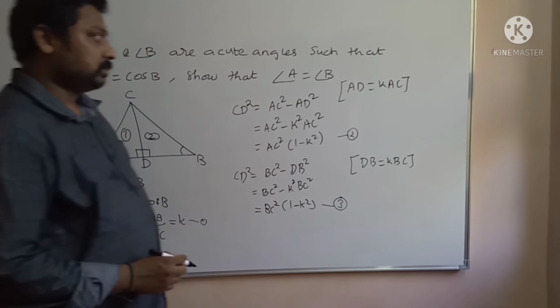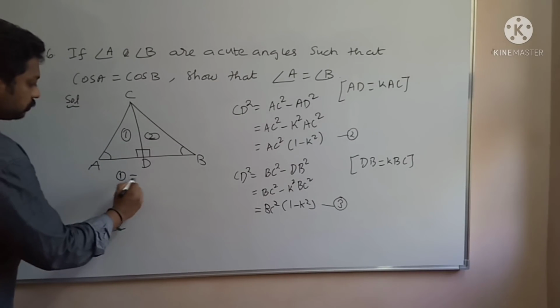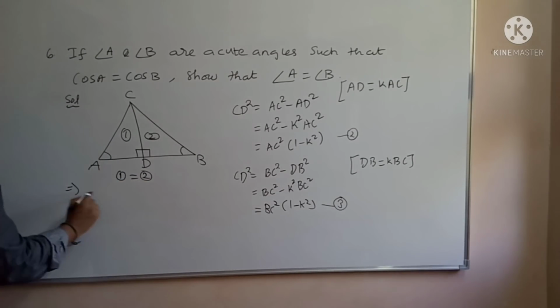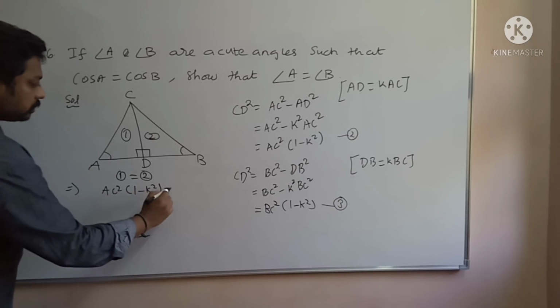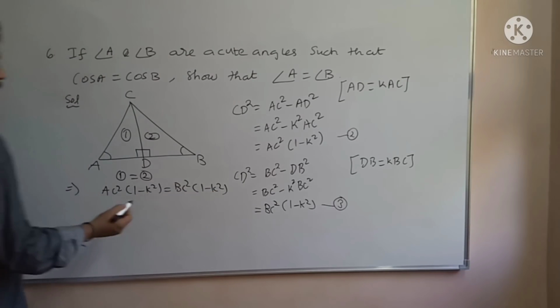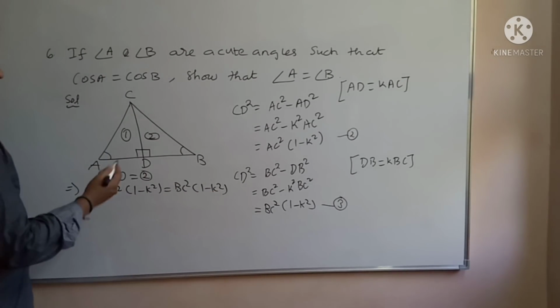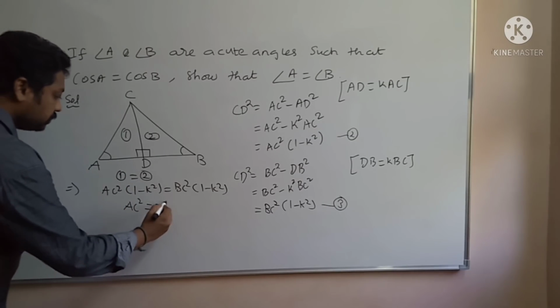Now we equate both. So let us equate equation 1 and 2. So what I am getting? AC square into 1 minus K square is equal to BC square into 1 minus K square. So 1 minus K square on the RHS and LHS got cancelled. So AC square is equal to BC square.